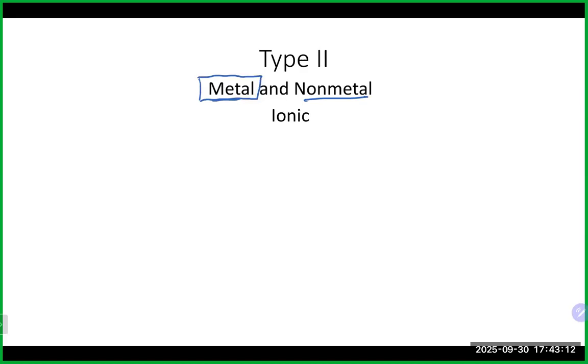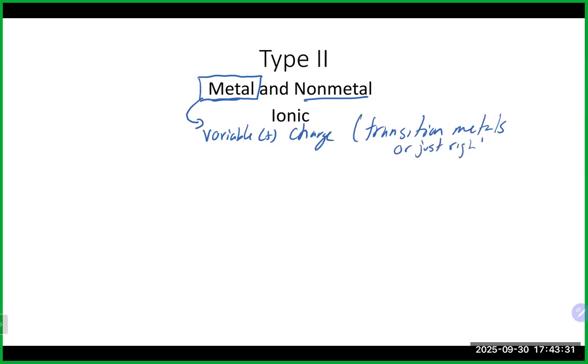And here it is a metal that is going to have a variable positive charge. And that is, for the most part, going to be your transition metals, and the area just to the right underneath the staircase where you find lead and tin, etc. Even though those are not technically transition metals, they are named the same way.